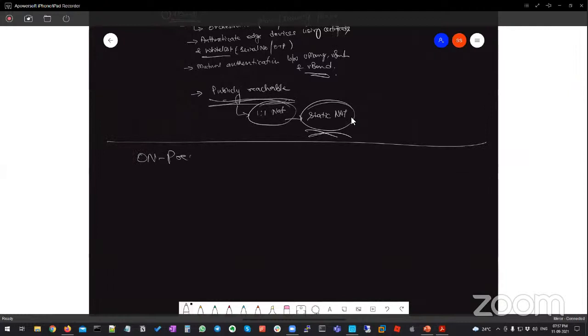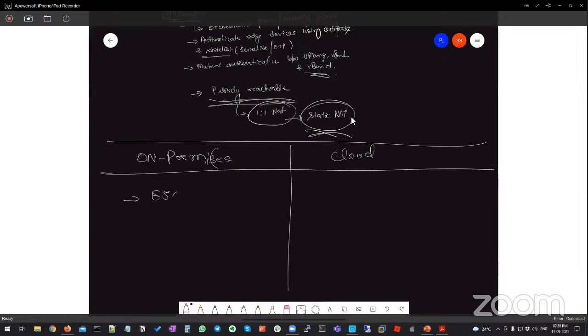Okay, now where to host these controllers? You have 2 options: either on-prem, on premises, you can put it, or else you can put it over the cloud. If you are putting it on premises, then you have options to support, which are the ESXi environment, a VMware solution over which you can put it, or KVM, the kernel virtual machine.